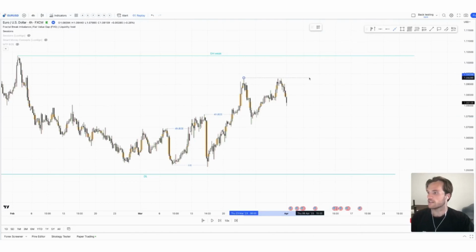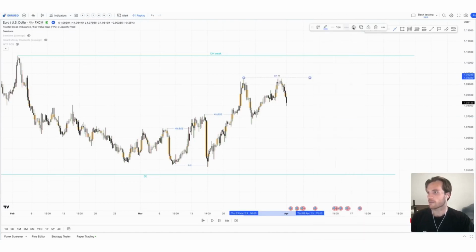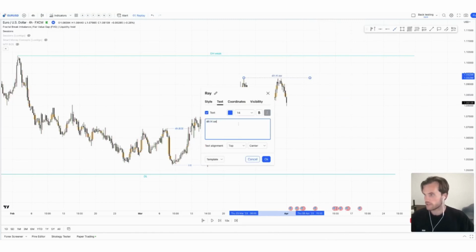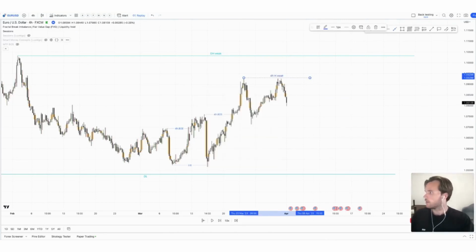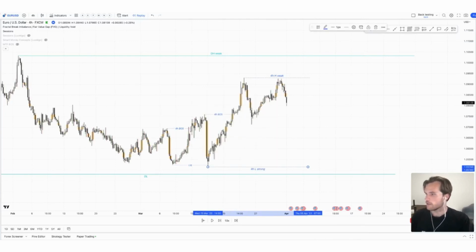So pretty much right now, the 4 hour high is weak, and the 4 hour low is strong. I could have labeled the daily low strong, but anyway.